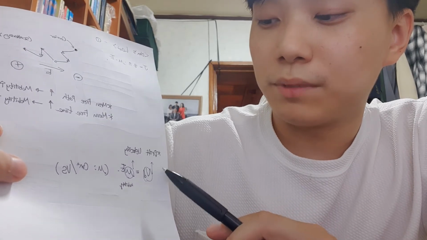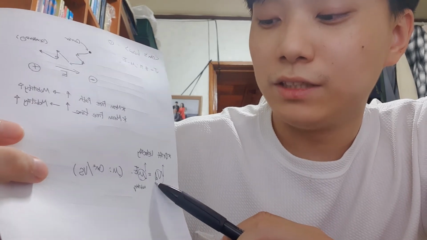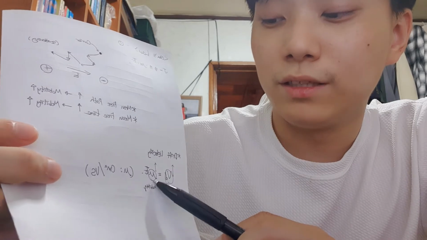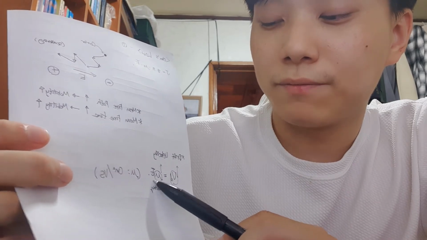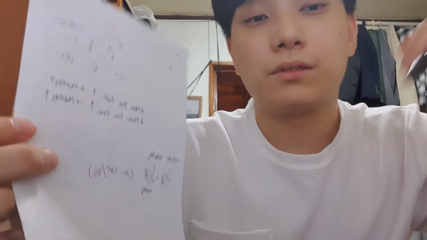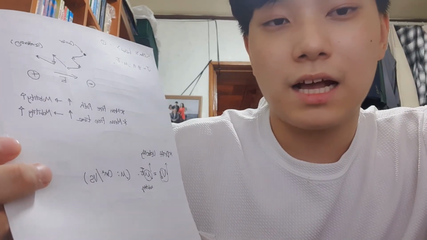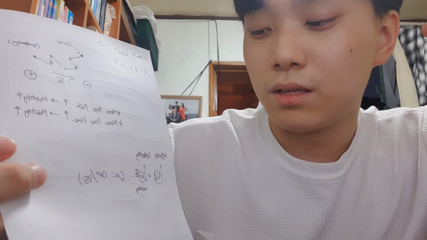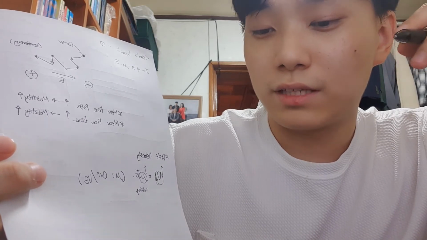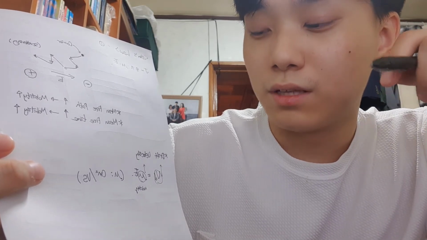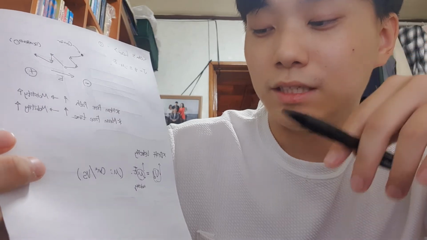The drift velocity Vd equals mobility times electric field. If the mobility is high, that means the electron can move fast, so the drift velocity is also high.